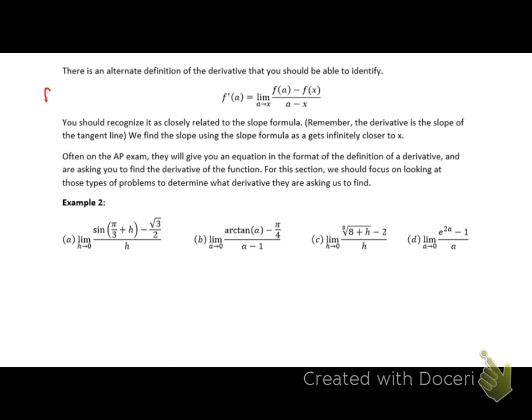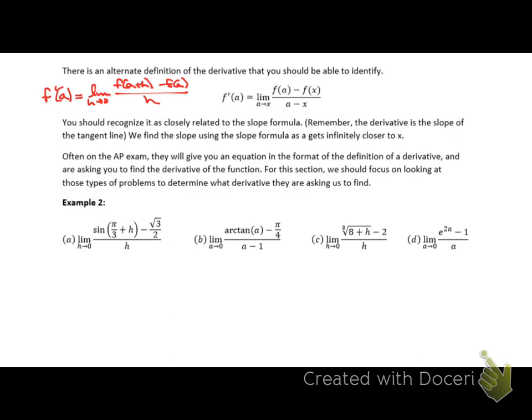So first, I'm just going to write it up here. The original is f prime of a equals the limit as h approaches 0 of f of a plus h minus f of a, all over h. So there's two forms. There's the limit as h approaches 0, and typically it is an h that they use. It's not limited to that, it could be any other variable. But when it's divided by h, or when h is going to 0, oftentimes, not always, the letter goes to 0.